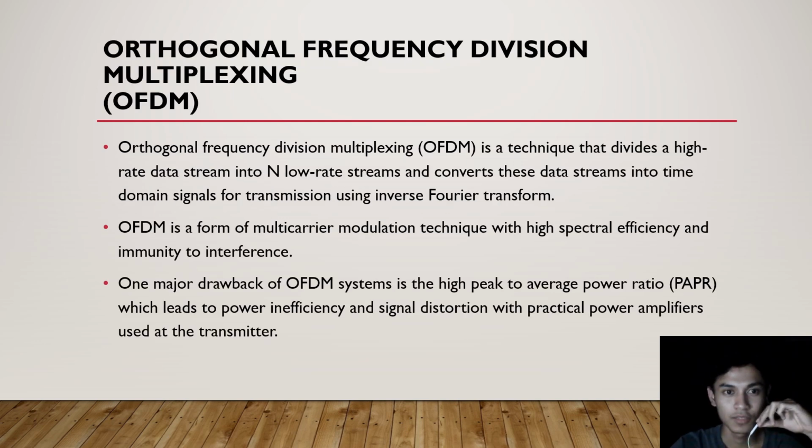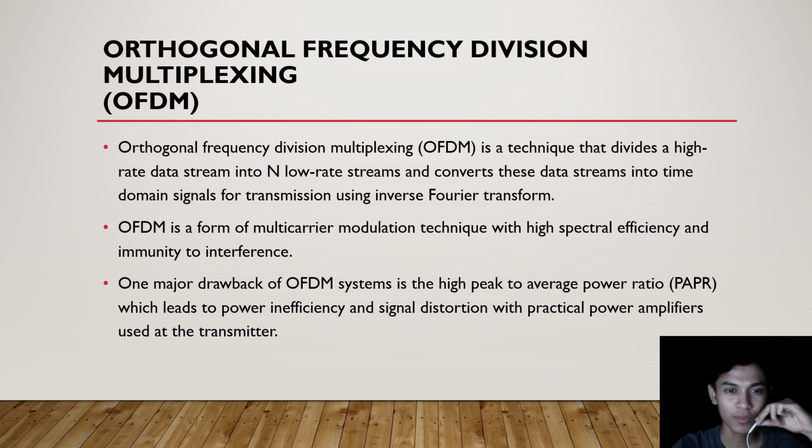Orthogonal frequency division multiplexing, or OFDM, is a technique that divides a high rate data stream into N low rate streams and converts these data streams into time domain signals for transmission using inverse Fourier transform, or maybe we call it IFFT.